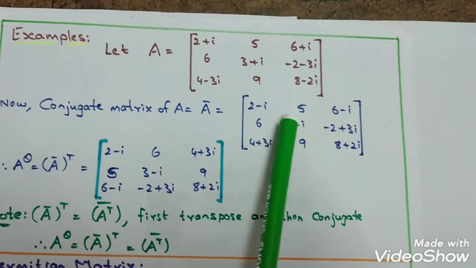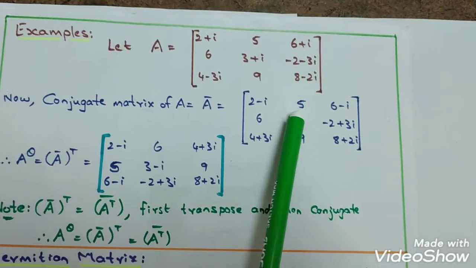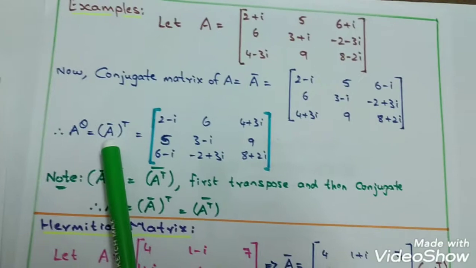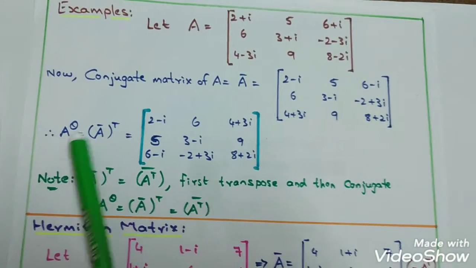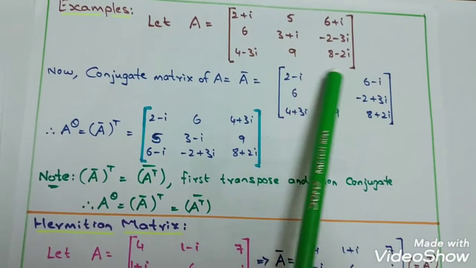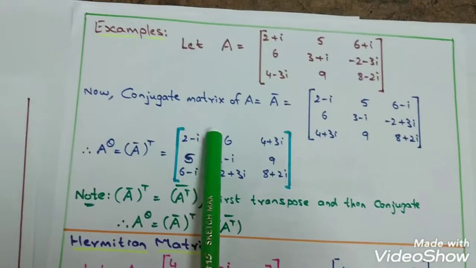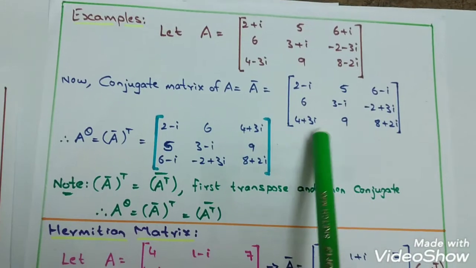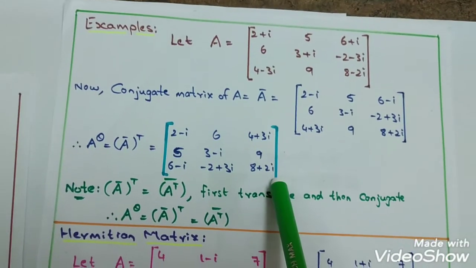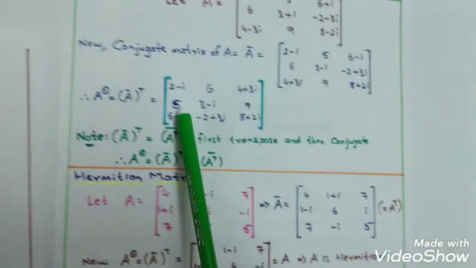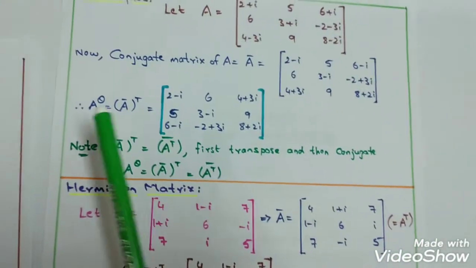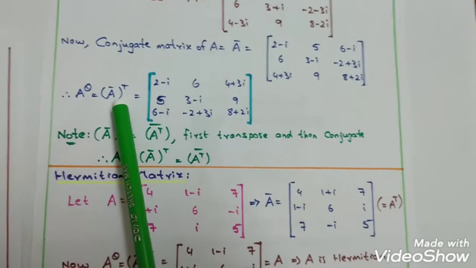Means the conjugate of a complex number: you have to remember that you have to change the sign in front of i only. Now A theta means the transpose of the conjugate. First row elements are written in the first column, second row elements in the second column, third row elements in the third column. So this is A conjugate and A theta means the transpose of the conjugate.